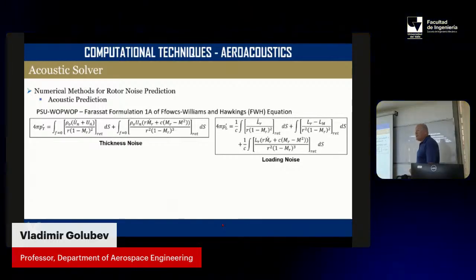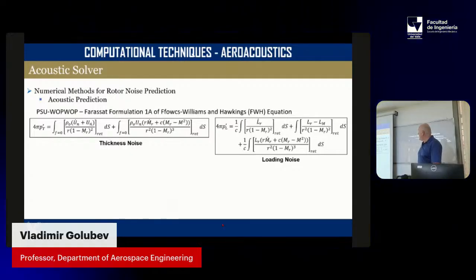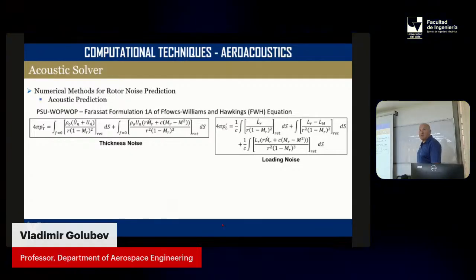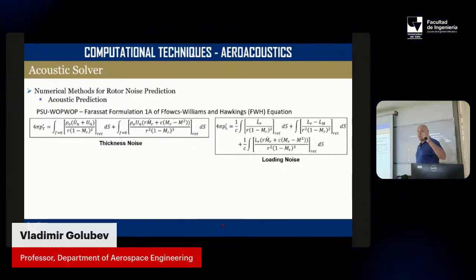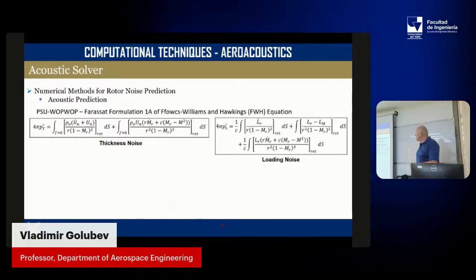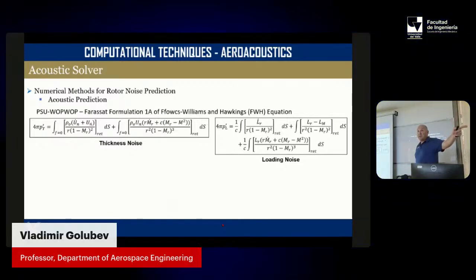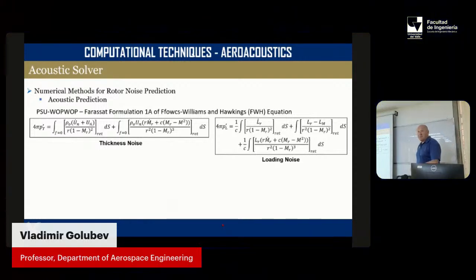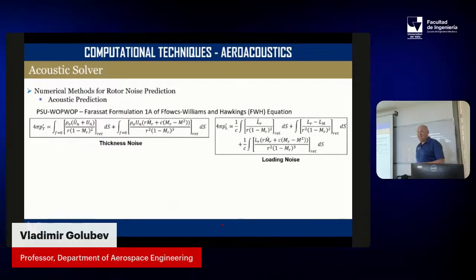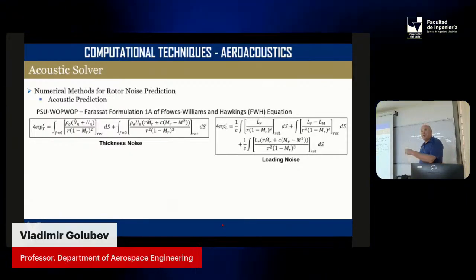Then he left NASA and became a professor at Penn State. Now there is the PSU, Penn State University, WOPWOP version, which does not require NASA authorization. Right now, if you ask for the original NASA WOPWOP code, you have to be a US citizen to work on it. But if you ask Brentner, he can give you his version as a private version. It's like open source, but only with his authorization.